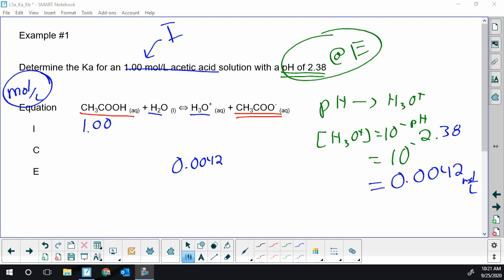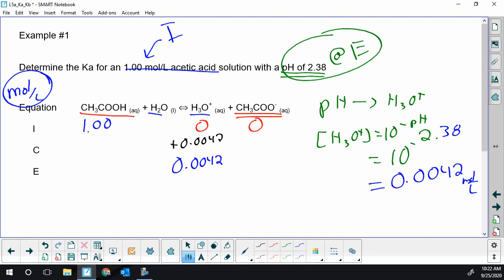Now, right away, you may not see it, the I and the E don't match right now, but I'm going to add in, we would assume products would be 0 at the beginning, and there we've got our I and our E. And now I can just start filling out the whole ICE table. So we had to have made 4.2 millimoles per liter. Well, everything's 1-to-1.